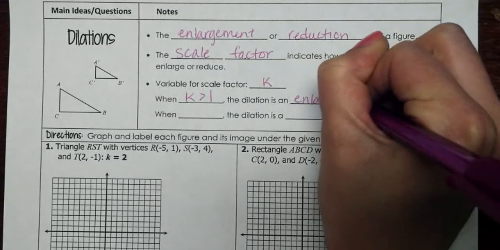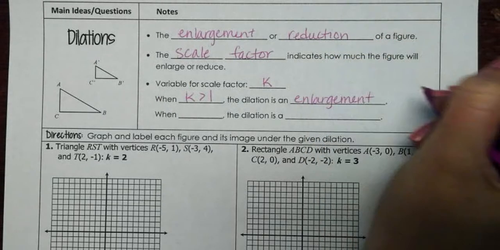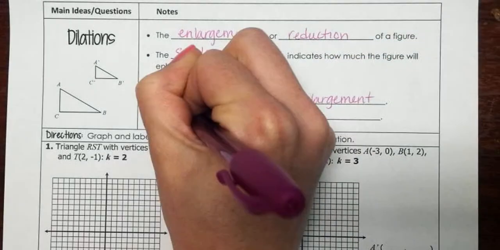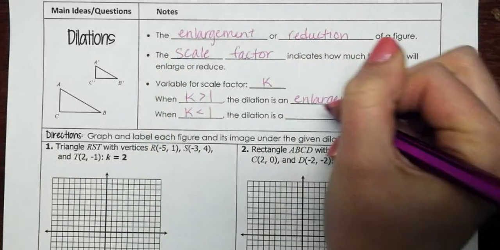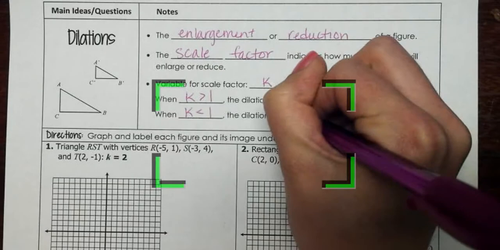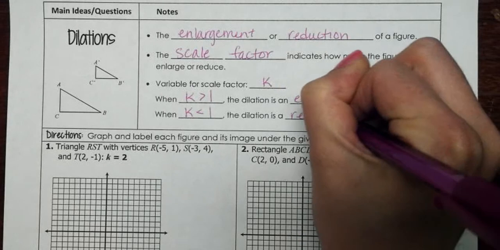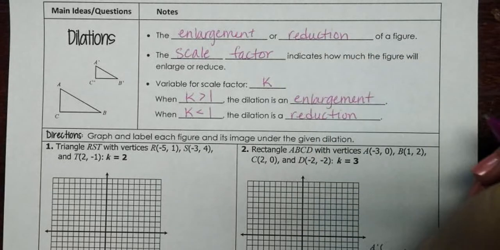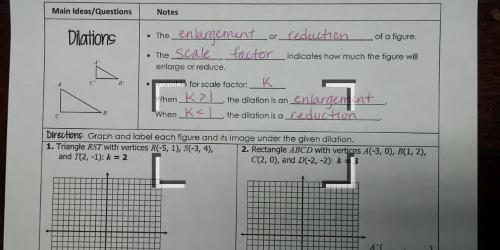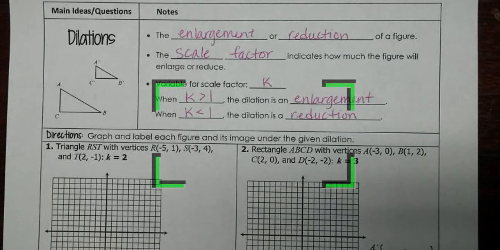It's going to make the figure bigger. And when K is less than 1, the dilation is a reduction. It's going to make the figure smaller. Pretty common sense. So let's look at a few examples then.